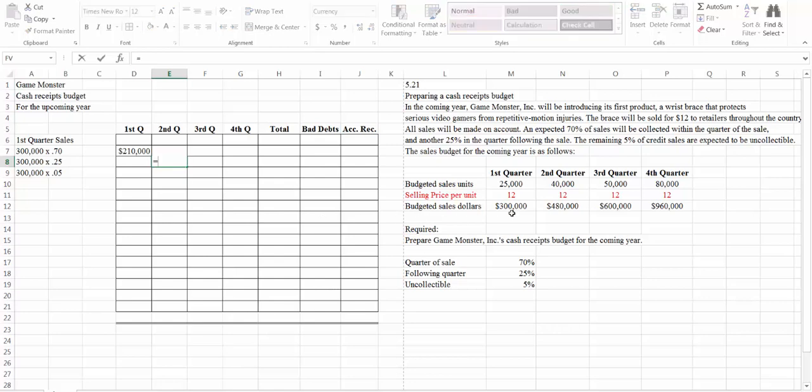So this is going to be equal to 300,000 times 25%. Finally, the 5% is uncollectible, so let's put that over here in our bad debts column. This is going to be equal to 300,000 times 5%. Okay, we're going to follow that same pattern for all 4 quarters.